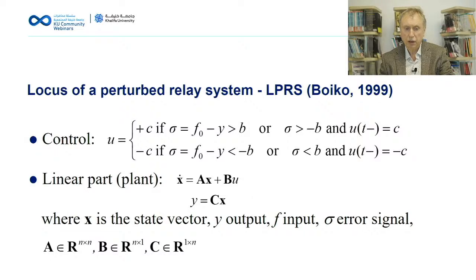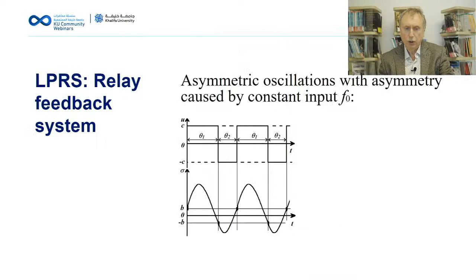So if we have a relay control through a feedback through a hysteresis relay and a linear path, which is given here, we can figure out that the input to the relay, which is sigma, the error signal, causes those switchings of the relay at the times when the sigma becomes equal to minus b or b.